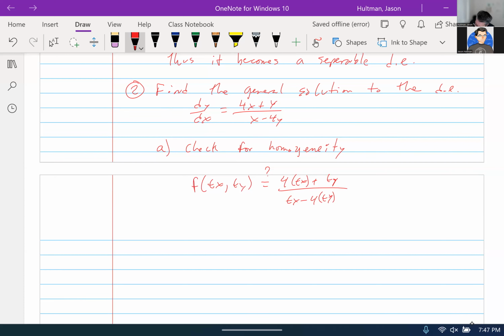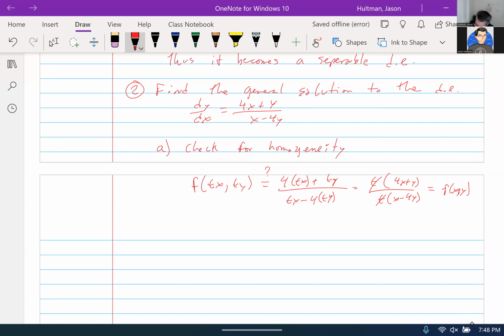And I'm just going to factor out the t. So this is t times 4x plus y over t times x minus 4y. The t's cancel, and I'm left with f of xy.